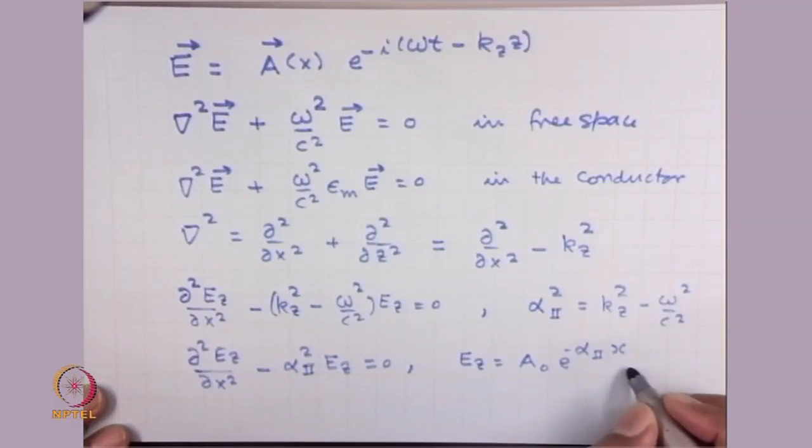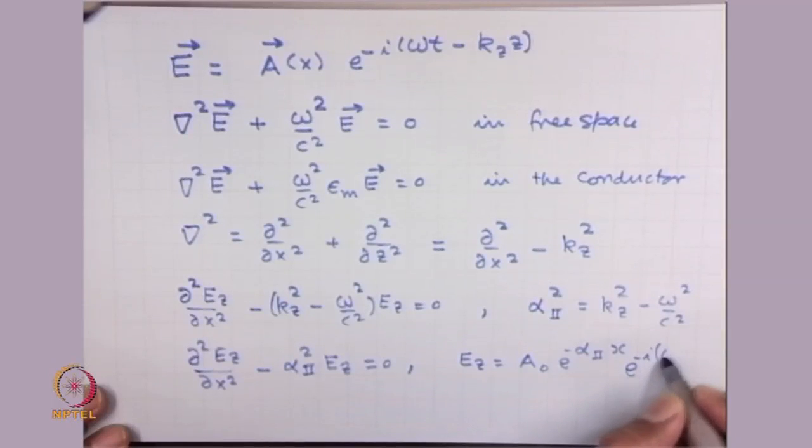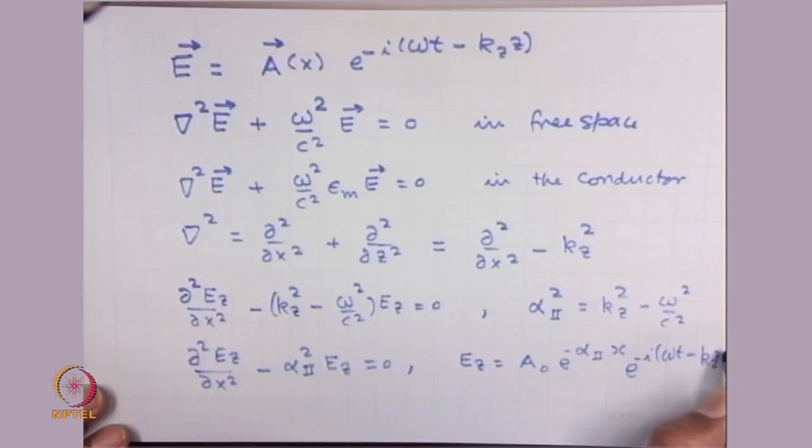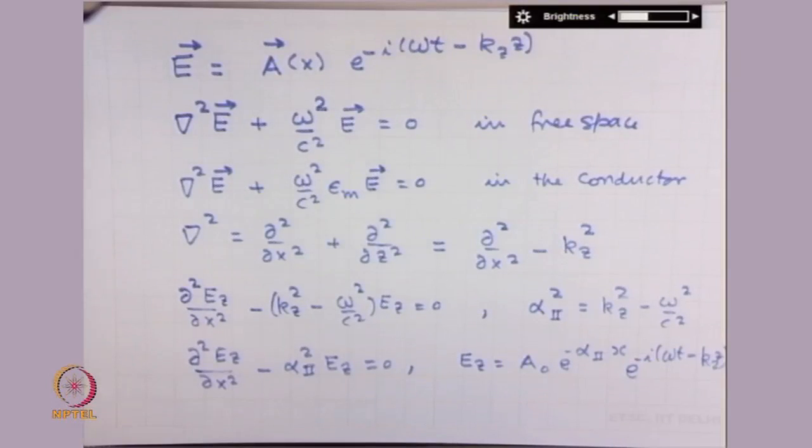So, I have to write exponential minus i omega t minus kz z. So, this is my electric field of this surface plasma wave in free space.